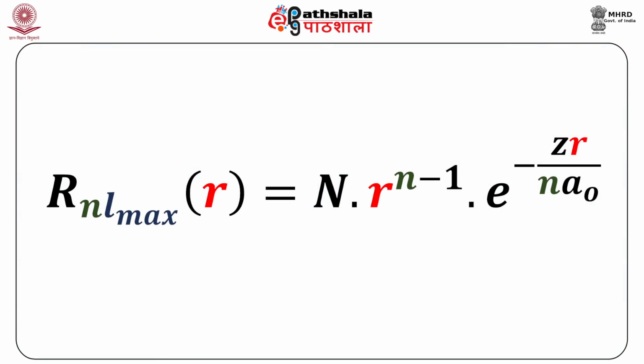And the expression which we got for the radial function was Rn for maximum value of L, that means L max, is equal to n into r raised to the power n minus 1 e to the power zr by na0.